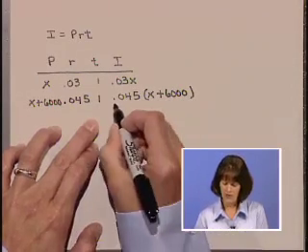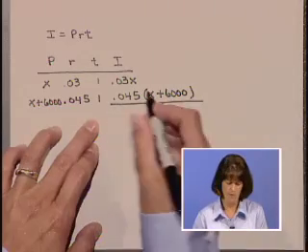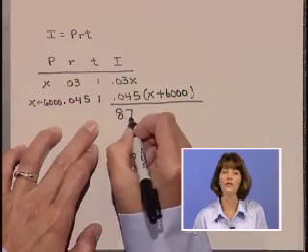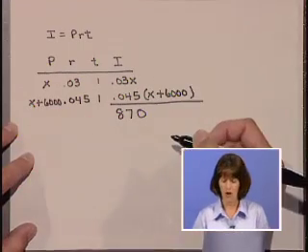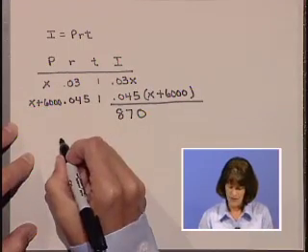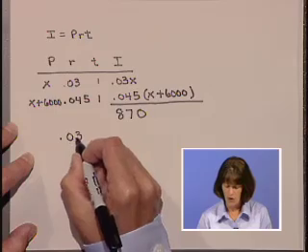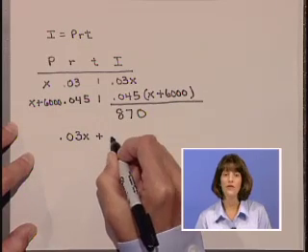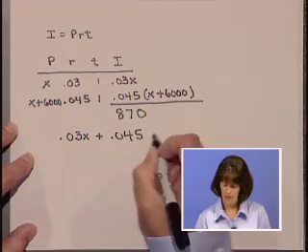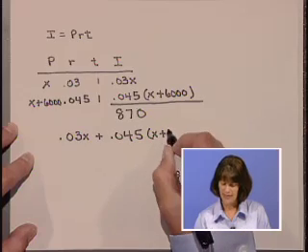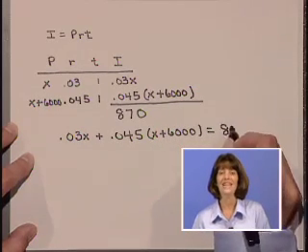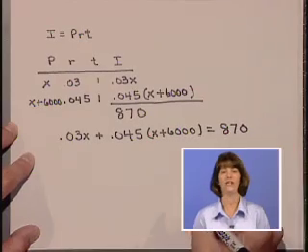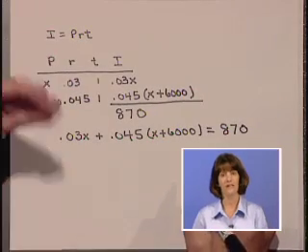And together, these two interest amounts total the $870. Our equation then comes from this last column, where we say that the total of these amounts, 0.03x plus 0.045 times (x plus 6,000), is equal to $870. That's the hard part.